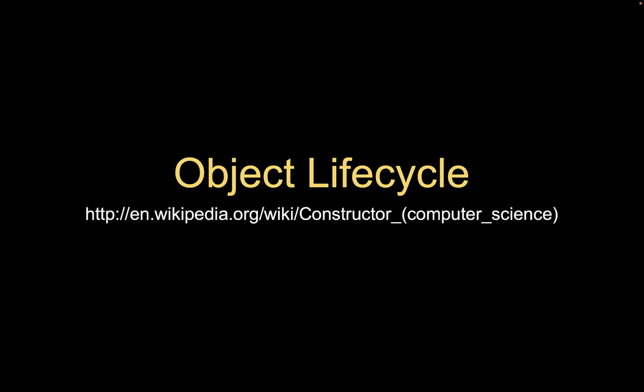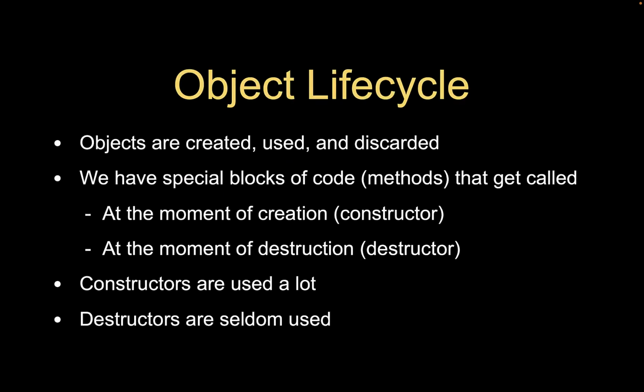We also know that each instance has their own copy of the instance variable or instance variables. Okay, but how do they come into existence? Like, what are the details of how you create a new one? And do they ever go out of existence? Well, let's go explore that.